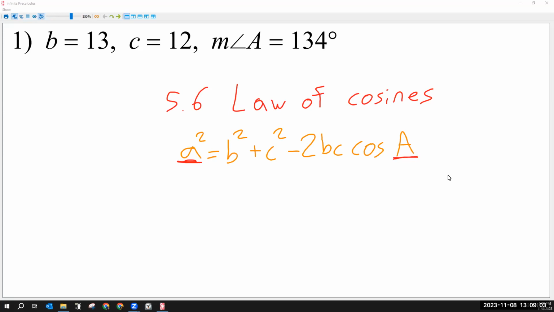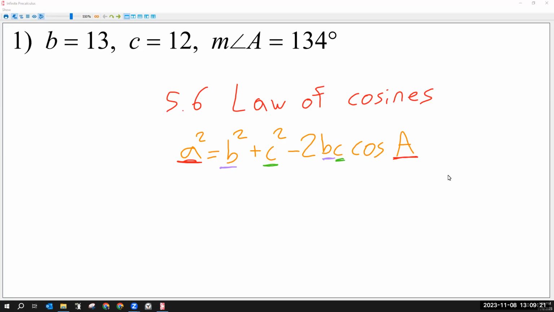This is the lowercase, so that lowercase means the side opposite that angle. And then whatever is here goes here, and whatever is here goes here.